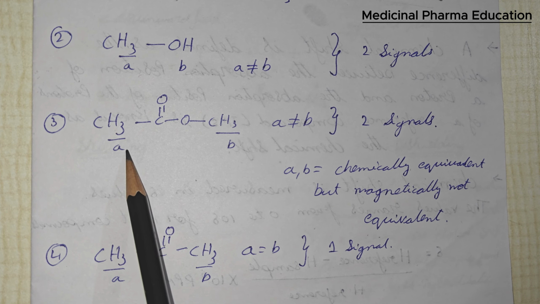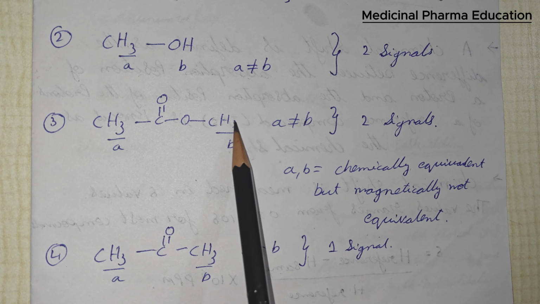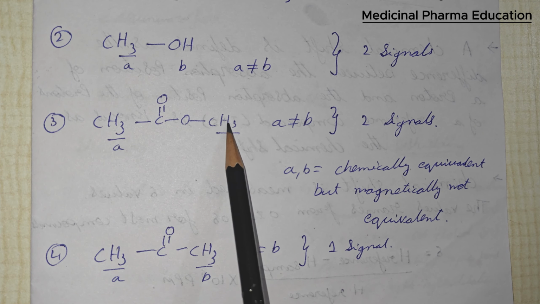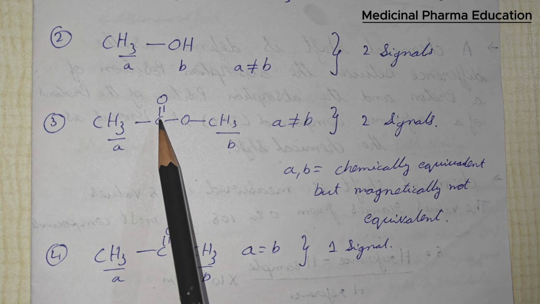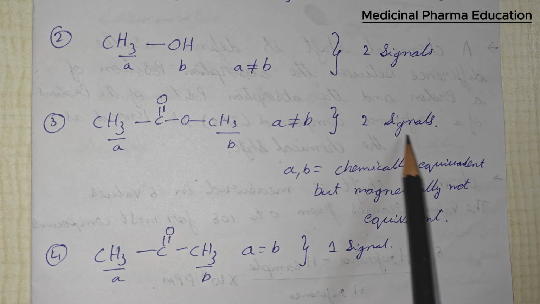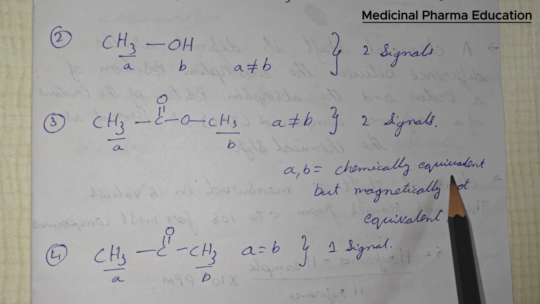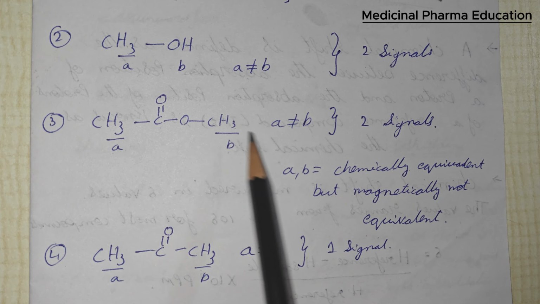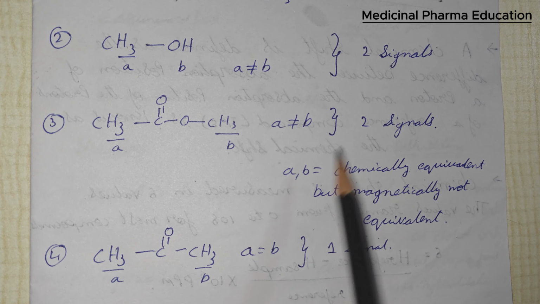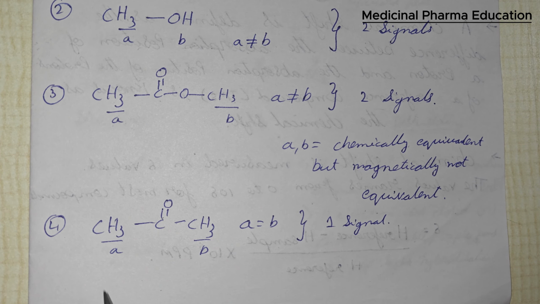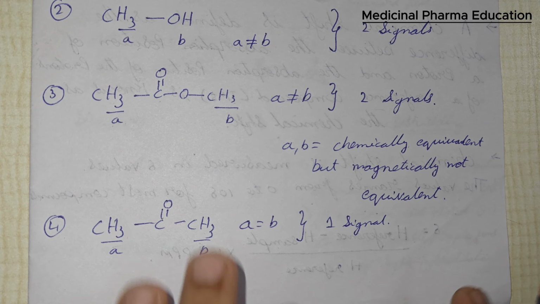See here, CH3, it contains hydrogens and these hydrogens are different because the neighboring atom is oxygen, here the neighboring atom is carbon, so they are different, so 2 signals. A and B are chemically equivalent, both similar, but the neighboring atoms are different, so 2 signals. CH3, C double bond O, CH3. See, here A and B are equal, containing the same neighboring atom, so 1 signal.